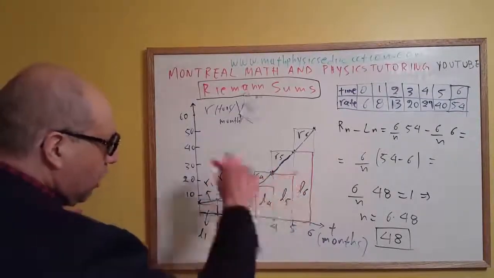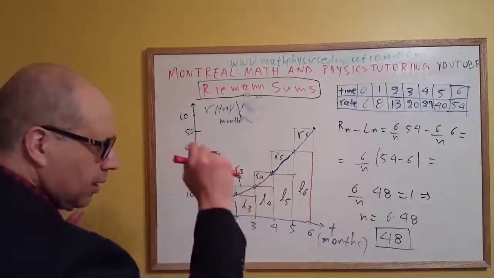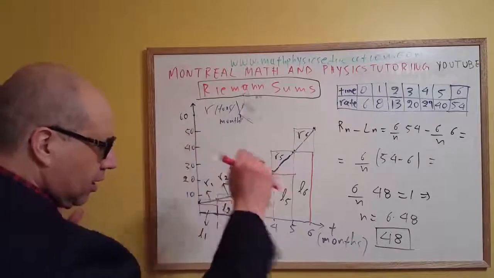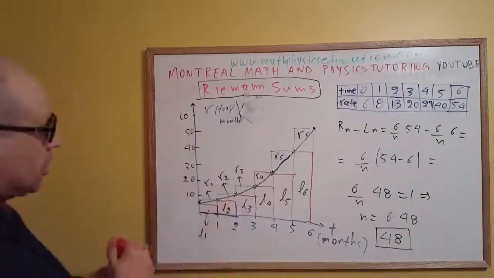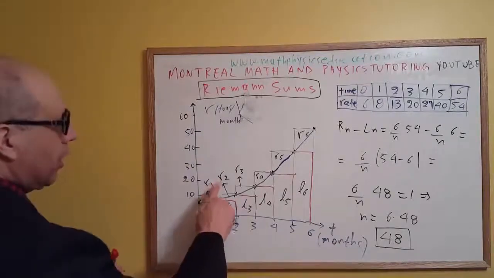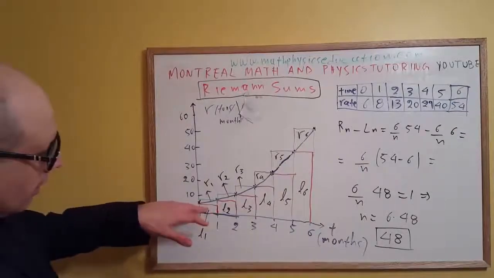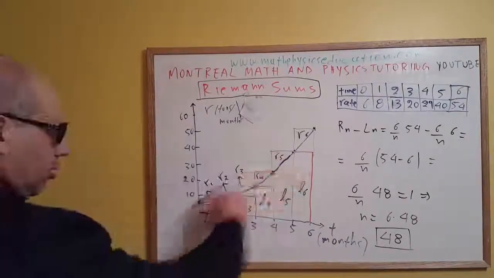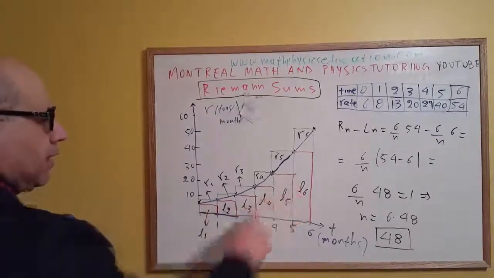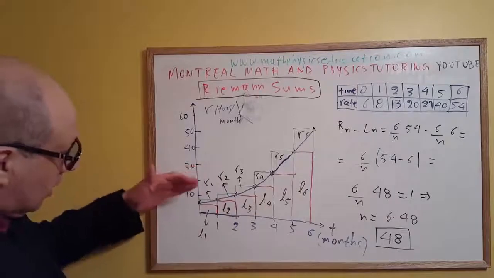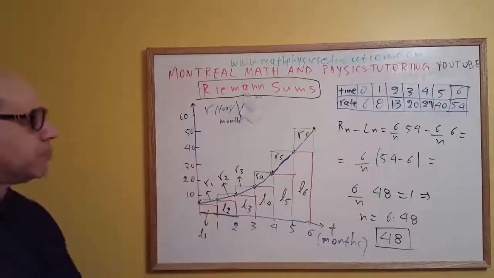Just to show you, I take the capital R6 and capital L6, which means R1, R2, R3, R4, R5, R6 will be the green rectangles we were talking about before, and L1, L2, L3, L4, L5, L6 will be the red ones, which are the ones for the underestimate.